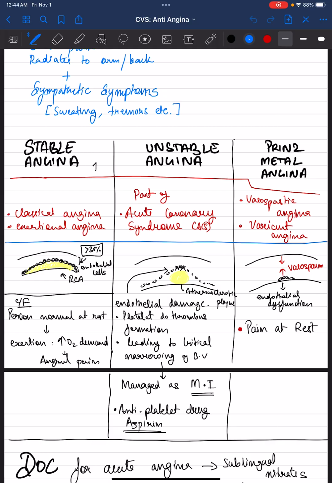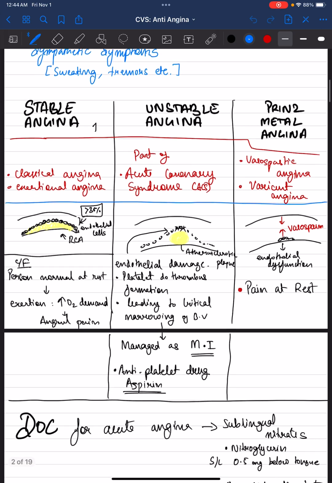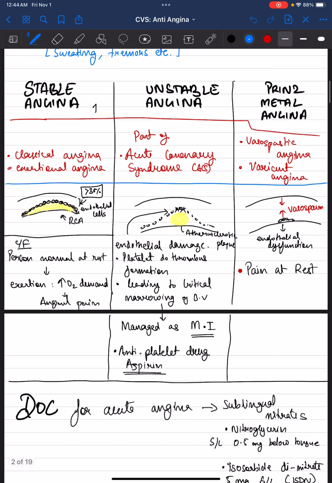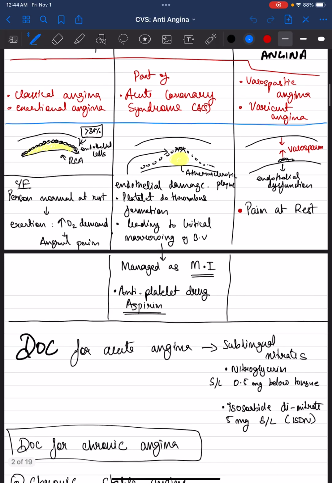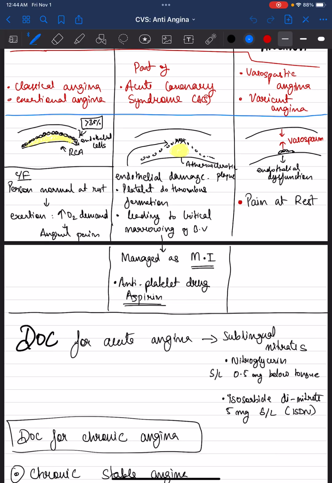As there is endothelial damage, there is thrombus formation due to platelet aggregation on the damaged part of the endothelium, which leads to critical narrowing of the blood vessel. And this case of unstable angina is managed as a myocardial infarction.